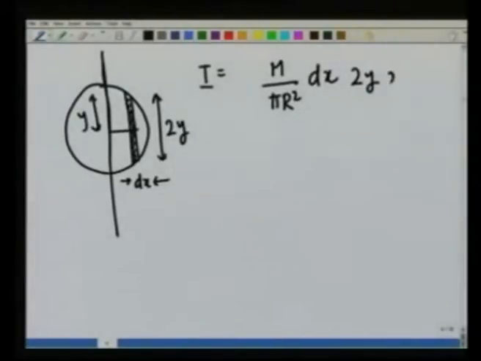Multiply this by x square and integrate from minus r to r, because this distance is r.